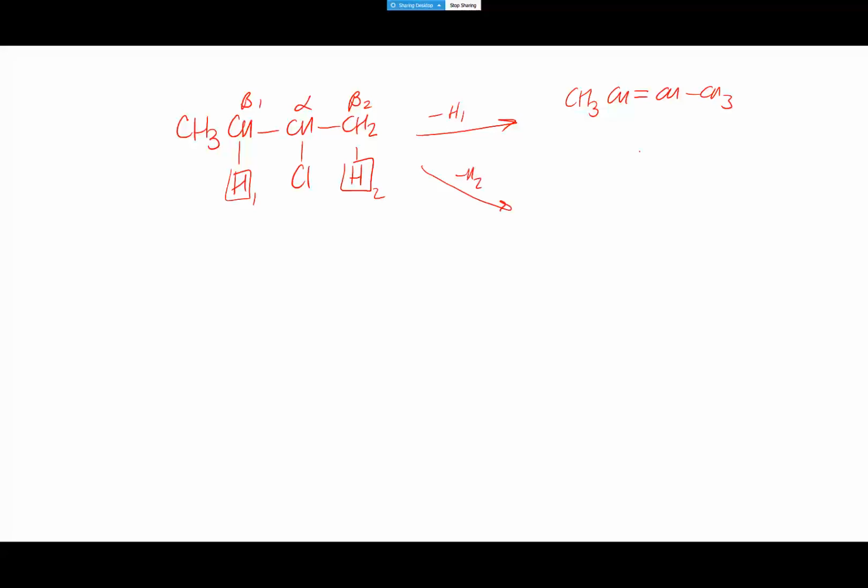If the base comes in and grabs hydrogen 2, I'm going to form 1-butene. So I'm going to get product 1 or product 2.